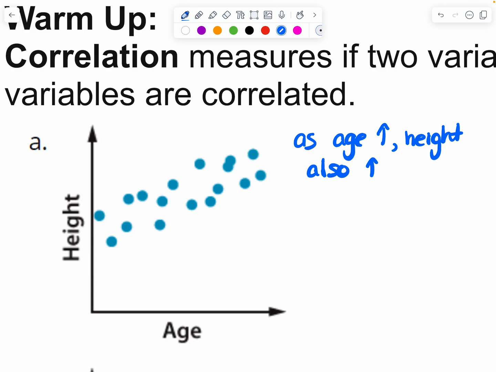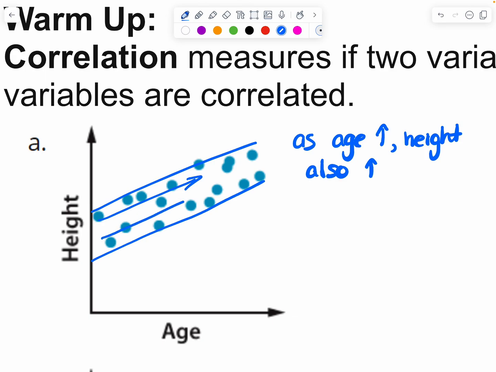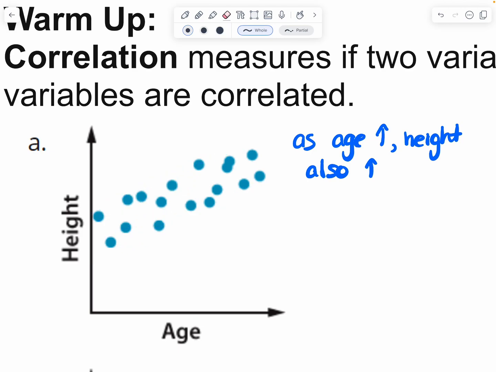And this can be seen when you look at the trend. Even if I were to block them off in this section, you can see that there is an increase. So I would say, yes, there is a correlation between these things. And the correlation is as age increases, height also increases.